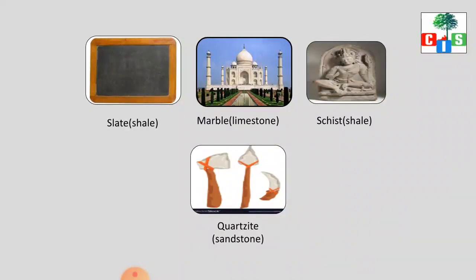Now if you see in the picture, these are tools used by early man for cutting. So this quartzite was used by early man to make large cutting tools like axes and scrapers. Nowadays, as it is very hard and weather resistant, it is used in the glass and ceramic industry. It is also used to make jewelry and ornaments.